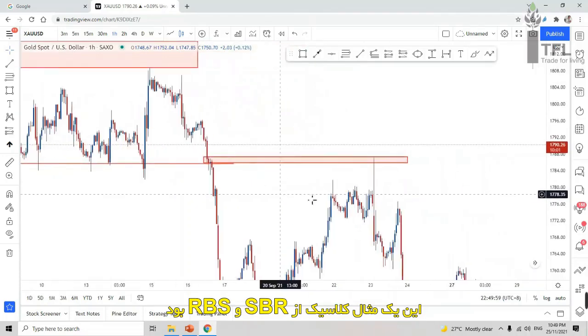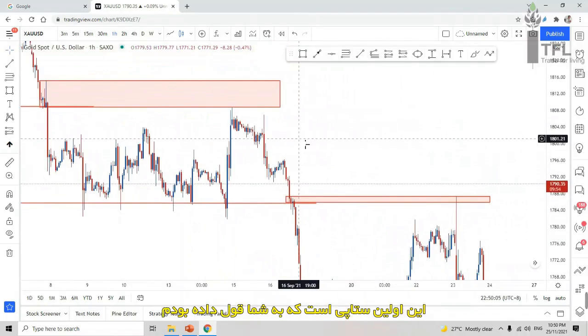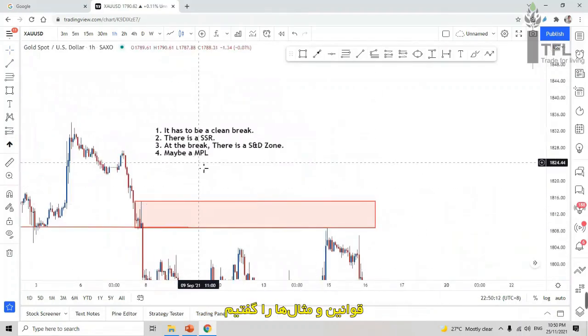So these are two classical examples of an SBR RBS. This is the first setup that I promised you guys. Easy to understand, the definition is there, the example is here. I don't know what else you need. So you guys can keep practicing more and more on this kind of setup. I'm not going to drag this episode too long.